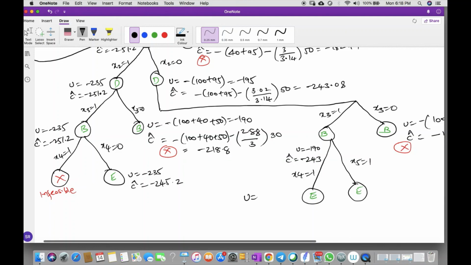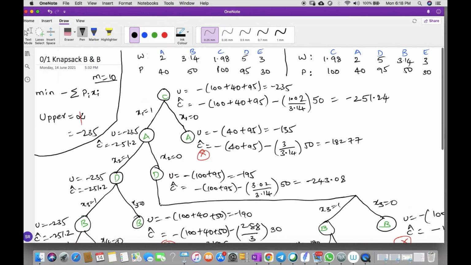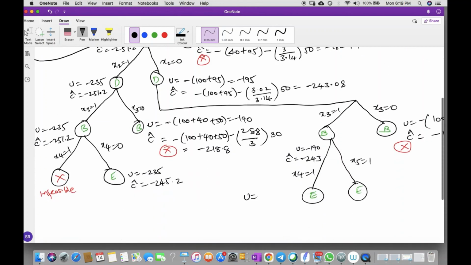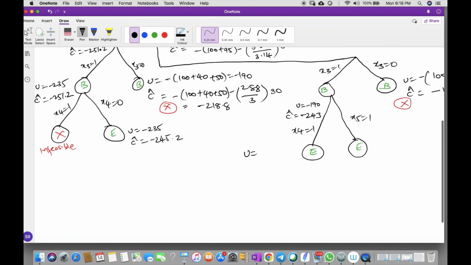When x4 is equal to 1, the sum becomes, excluding x2, 1.985 and 3.14. This crosses 10, so it becomes infeasible. Therefore this particular node is infeasible.